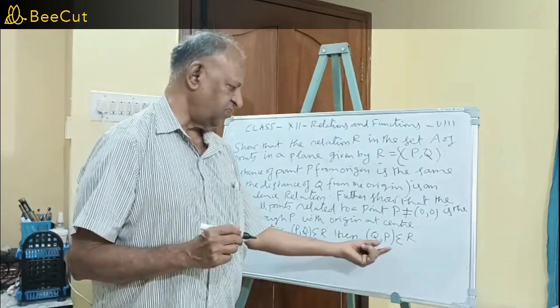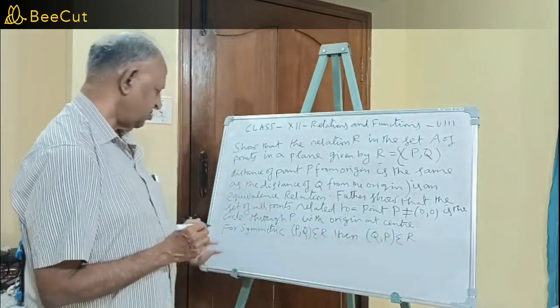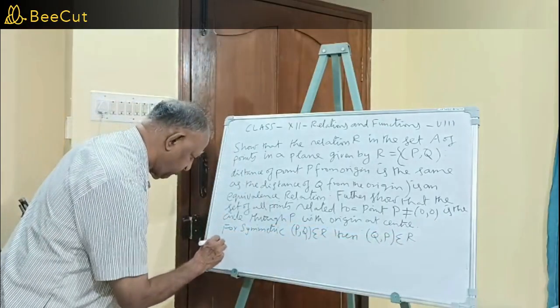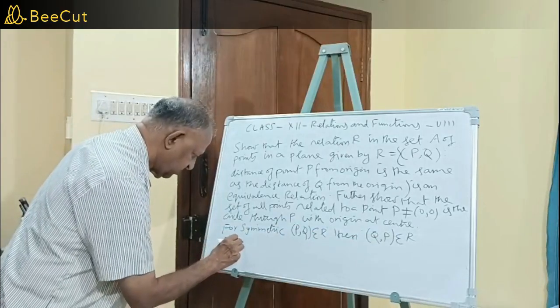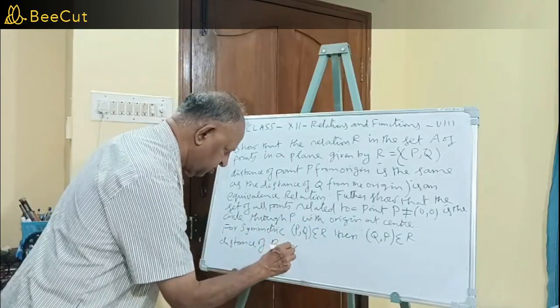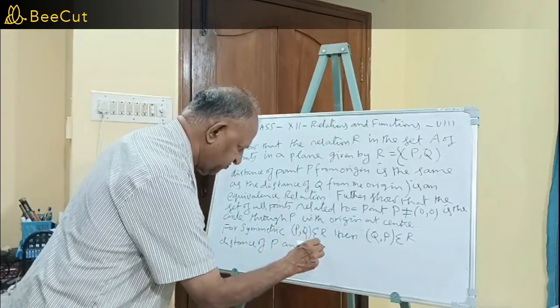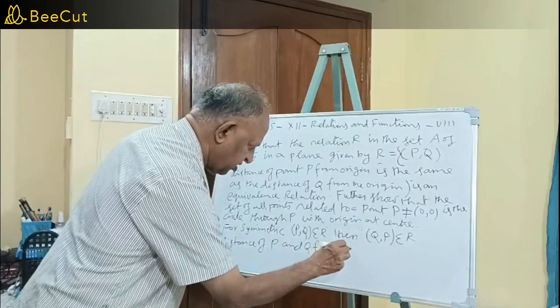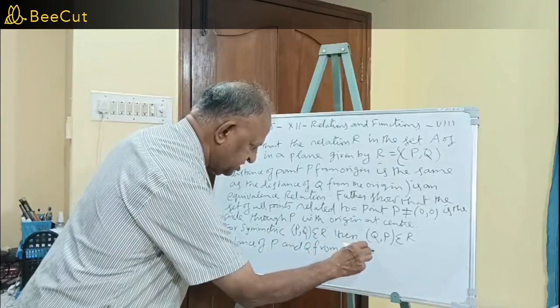Similarly, the distance of Q and P from the origin is the same. So it is true. The distance of P and Q from the origin is the same.